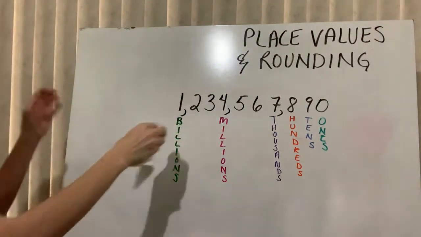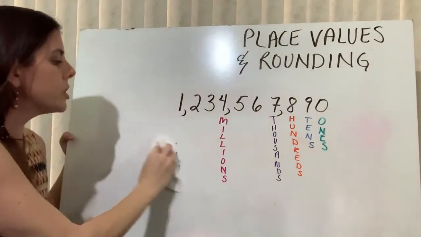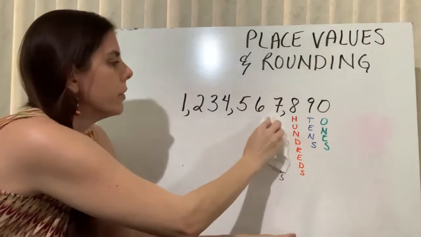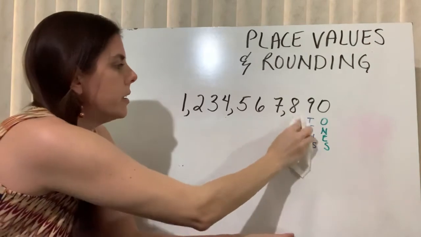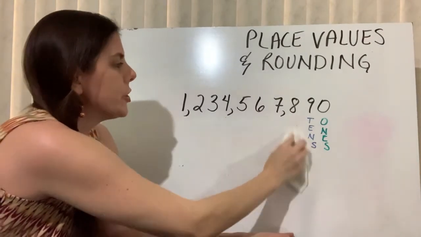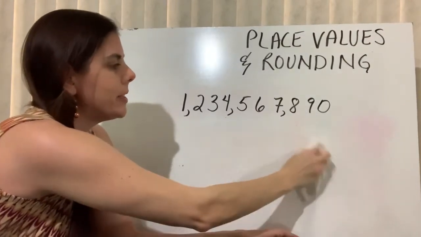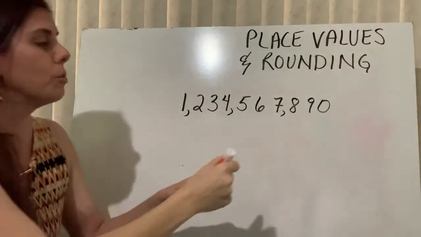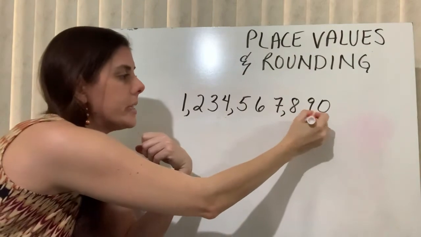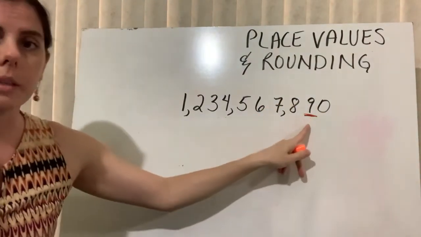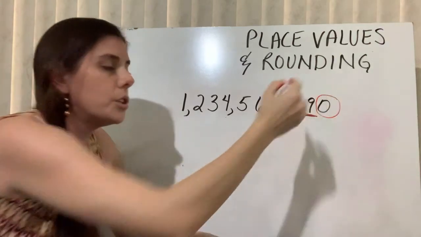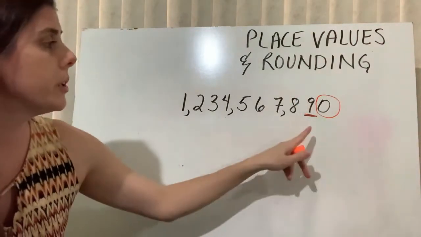So let's demonstrate that. We'll just look at this number that I have right here. This number is 1,234,567,890. If I wanted to round to the tens place, then we look at the number to the right of it.